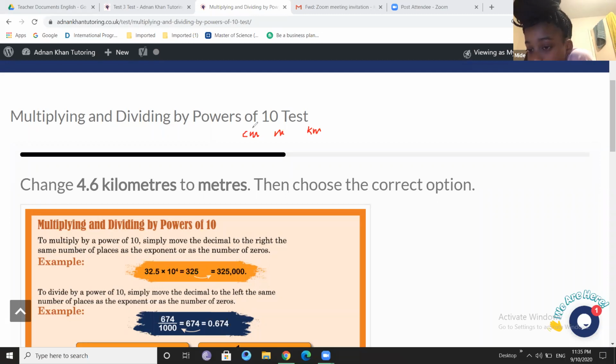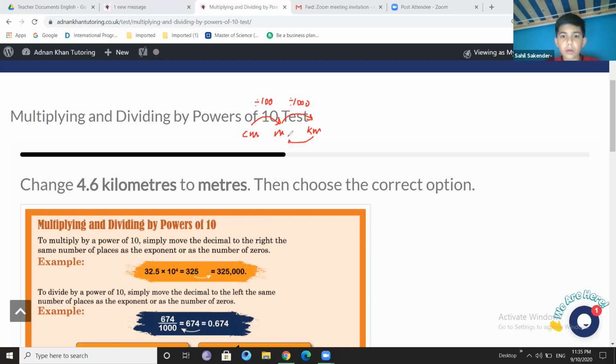Whenever you have to move from centimeter to meter, you have to divide the number by 100, and when you have to move from a meter to kilometer, you have to divide it by 1000. When you have to move from kilometers to meters, you multiply by 1000. In the same way, when you have to move from meter to centimeter, you multiply by 100. So this is a very nice way to remember all of these type of questions.